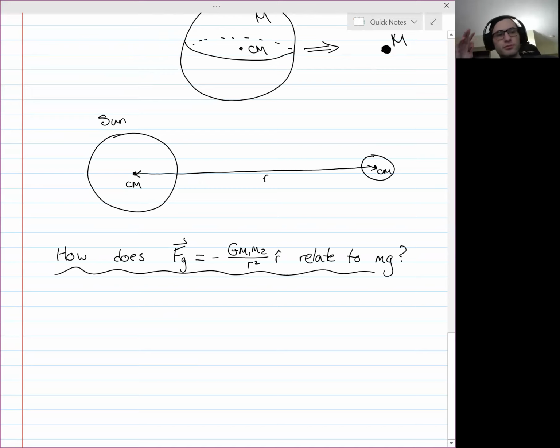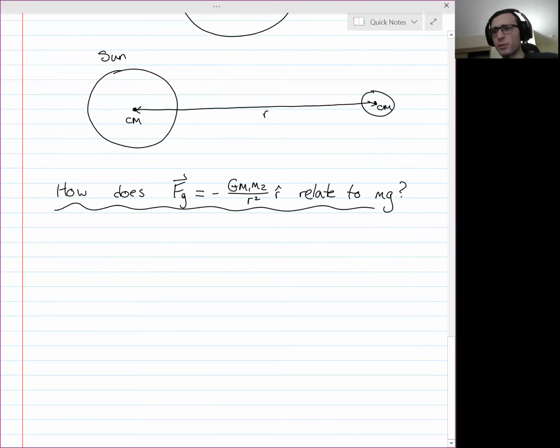Well, in principle, to calculate the force due to gravity from the Earth on an object, we need to know a few things. We need to know 3 things, actually. We need to know the mass of the Earth. That would be maybe m1.